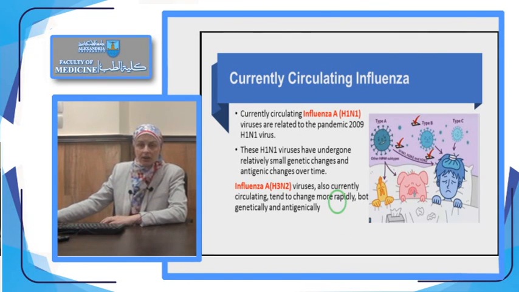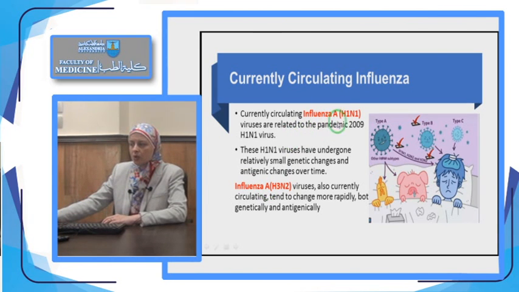What about the currently circulating viruses nowadays? Currently, influenza vaccines contain influenza A H1N1 and influenza A H3N2. So why do the vaccines contain these two strains along with two strains from influenza B? Because these are the currently circulating strains in the community.